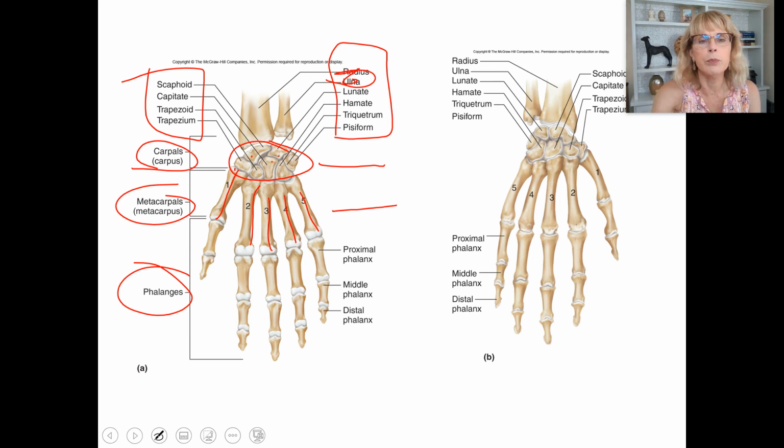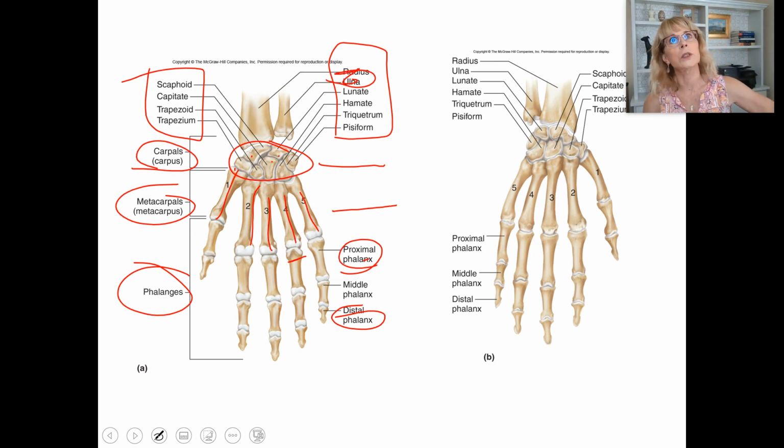You would say you would put it on the proximal phalanx of the fourth digit of the left hand. So left hand, fourth digit, proximal phalanx, because proximal means closer to the body, distal means farther from, and middle is in the middle. By the way, the thumb only has proximal and distal. It has no middle phalanx. All right, we will start with the pelvis and the leg in our next video.